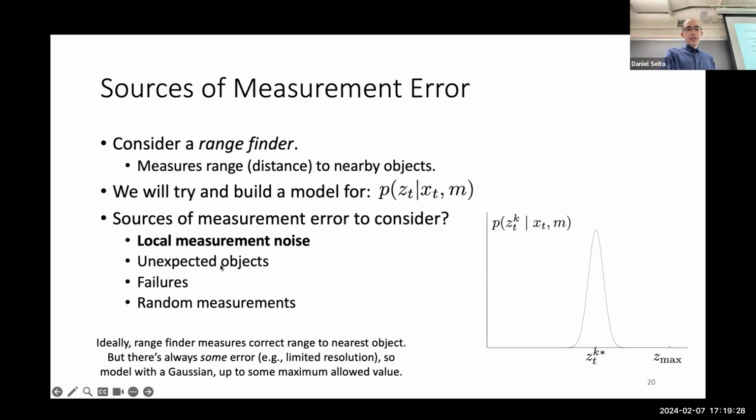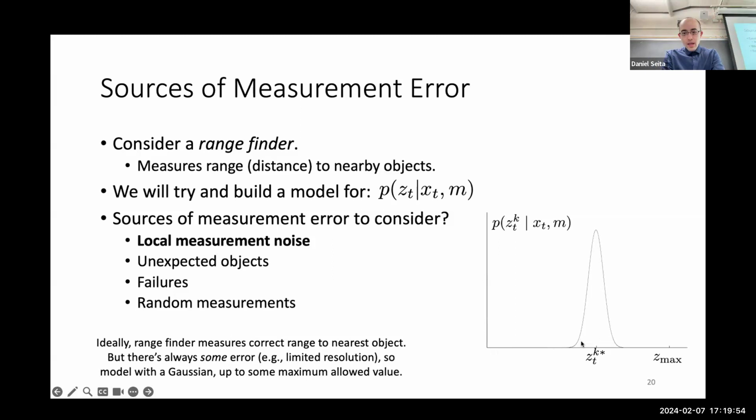So if you look at local measurement noise, ideally rangefinders find the correct distance to an object. The rangefinder shoots a light beam, you measure the distance to something, and you get a number. But if I say that the range sensor is noiseless and perfect, your reaction should be no, it's not.